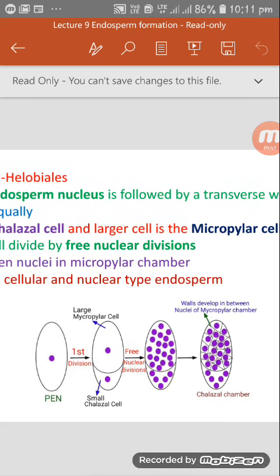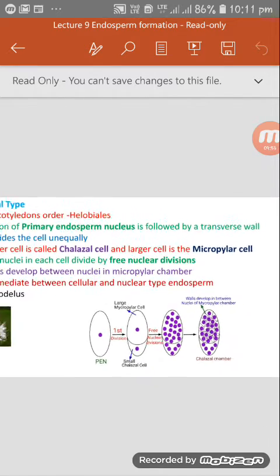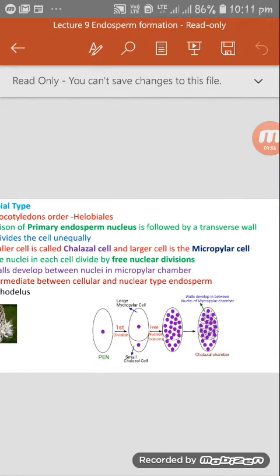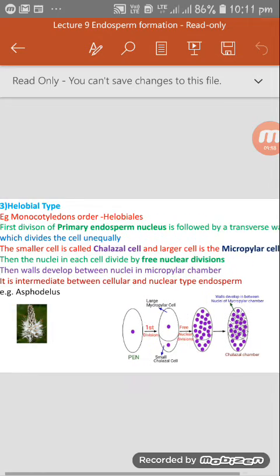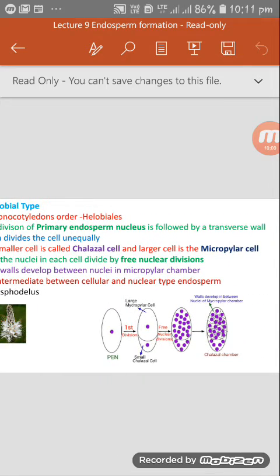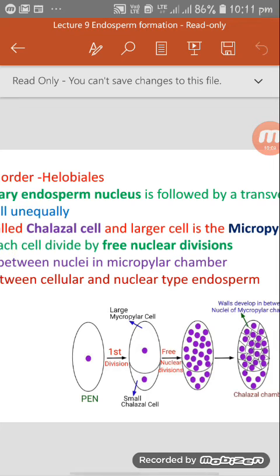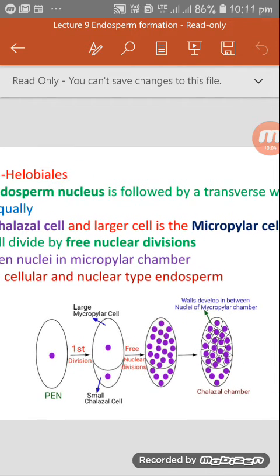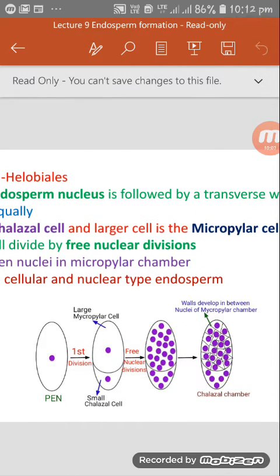PEN, first division, divides the cell unequally into a larger micropylar cell and a smaller chalazal cell.